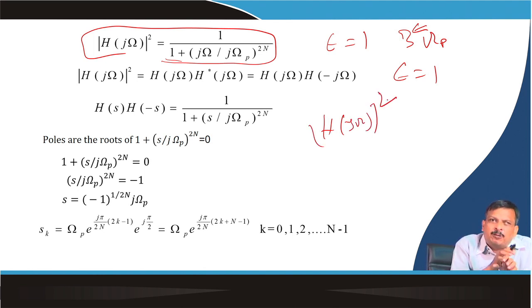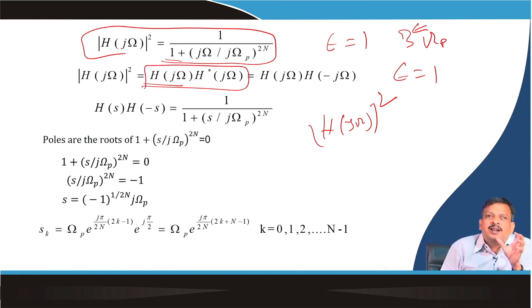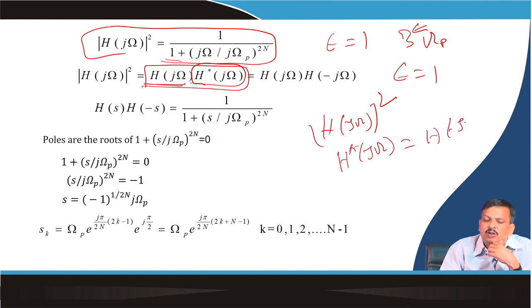It is a complex function, so its magnitude square is nothing but a product with its complex conjugate. So I can write H(j omega) times H complex conjugate of (j omega). Now, you know the complex conjugate of H(j omega), from the frequency transform property, is nothing but H of minus j omega.